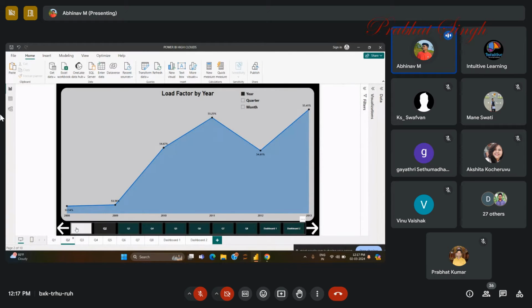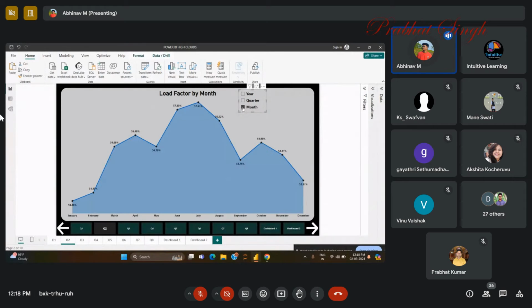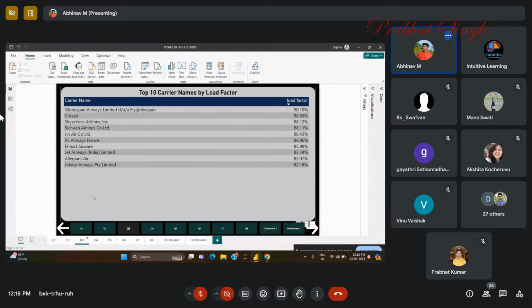In this question, we have found yearly, quarterly, and monthly load factors. We're going to question 3, and in this KPI, we have carrier names by load factor.